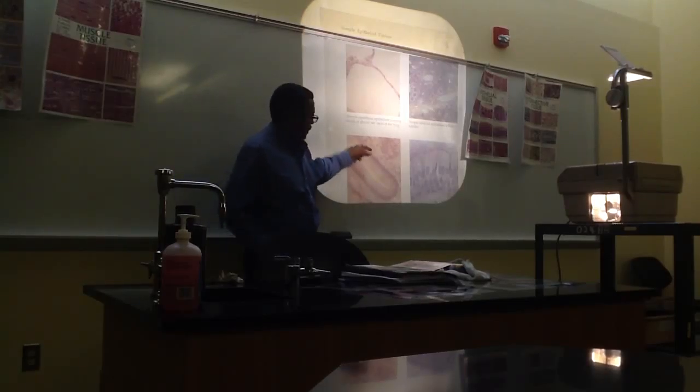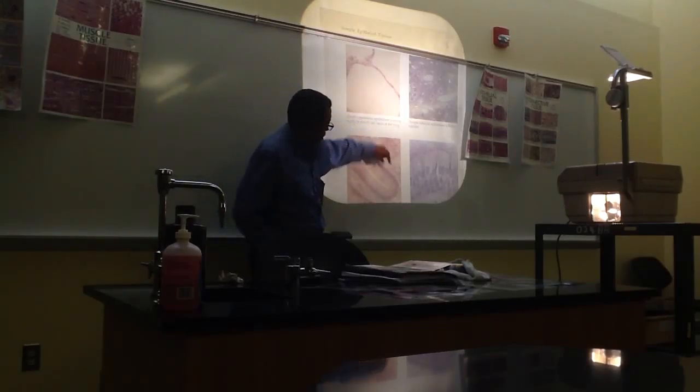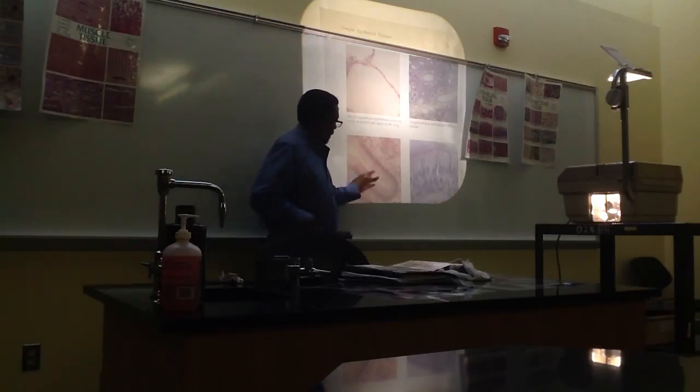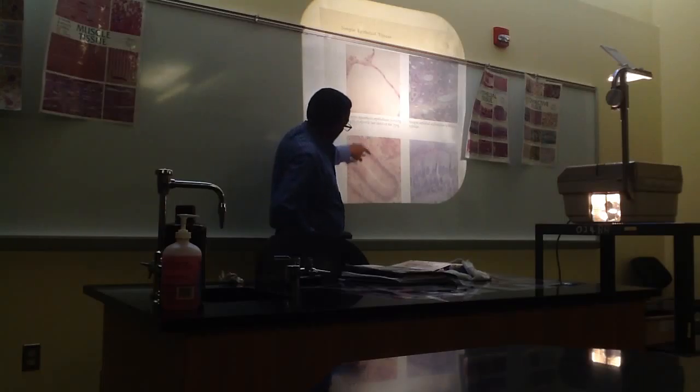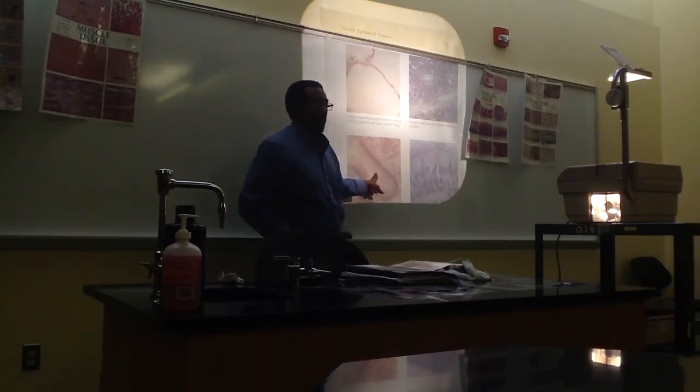Here's the free space, here's the basement membrane. All right. Is this the base or the apex of these cells? Which part? Is this part the base or is this the apex of all of these cells? Apex. Apex, okay.